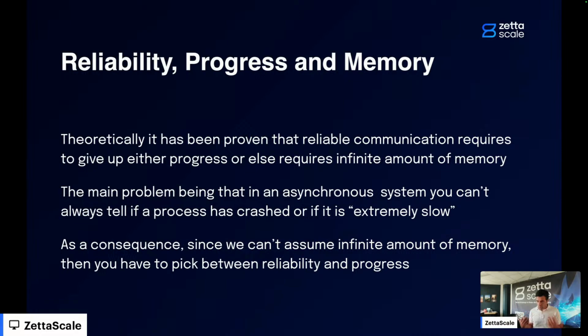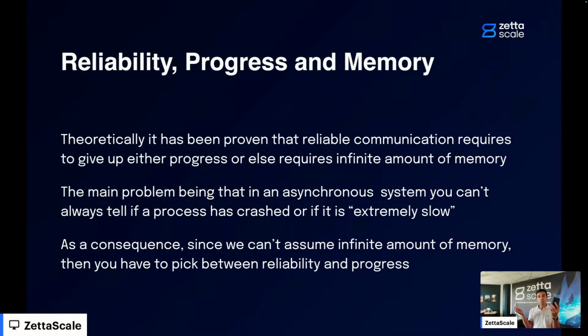And so if I'm trying to communicate, even in a very simple case, to an application across an asynchronous network, since I cannot tell if it's behaving as being very slow or perhaps has just crashed or failed, then the point is either I have to give up progress, because maybe it crashed and is restarting, and if I send data, it won't receive, so I have no reliability.